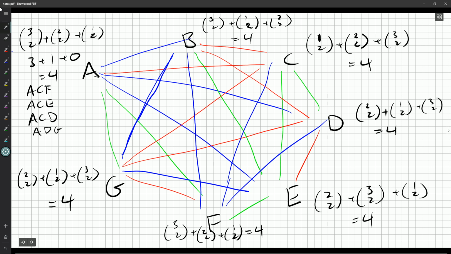So I'd like to, if I could, just sort of ignore these ones. Let's move on to B. Things involving B that don't involve A. BFG, no. BEF, BGF.